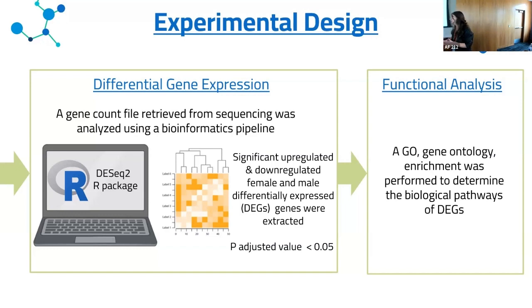And when I say differentially expressed genes, I just mean genes that were responding to that stress or changing their expression due to that stress. And genes were considered DEGs or significant if they were less than a significance of 0.05. And finally, we performed a GO-term enrichment, a gene ontology enrichment to determine the biological pathways of those DEGs, which is how we look at gene function globally.